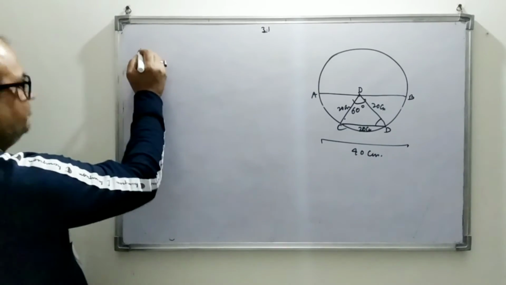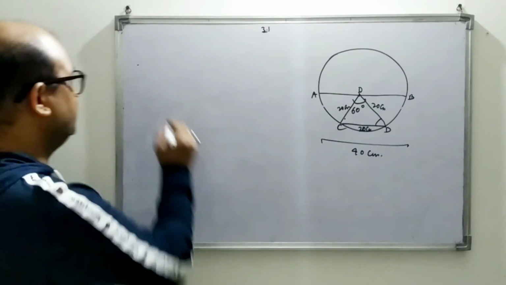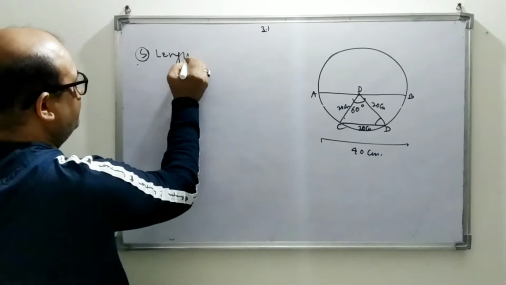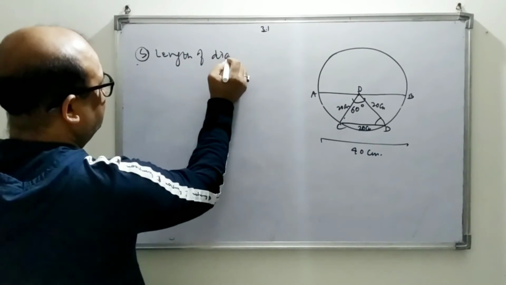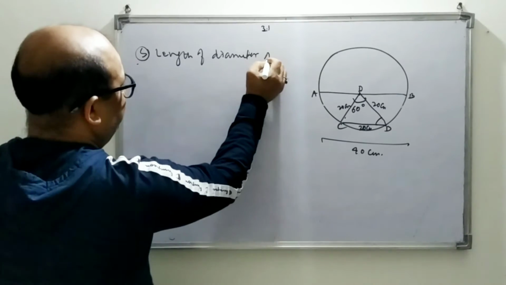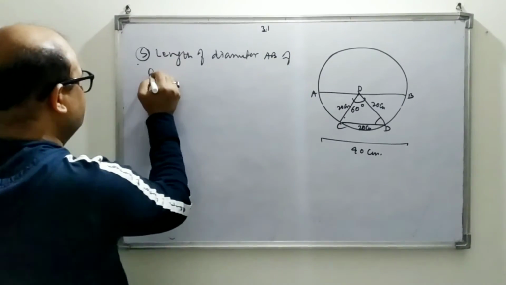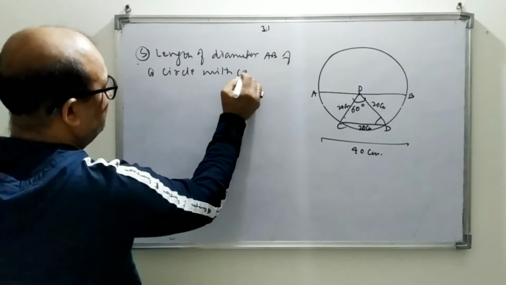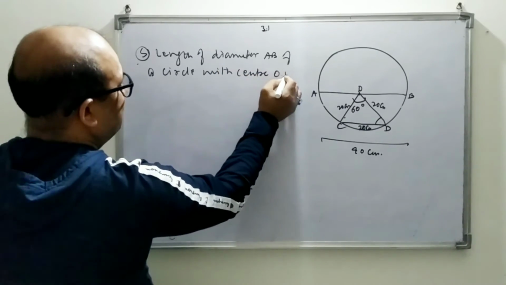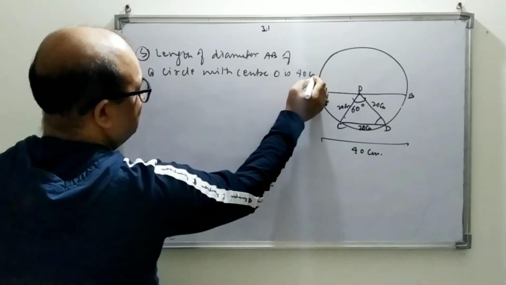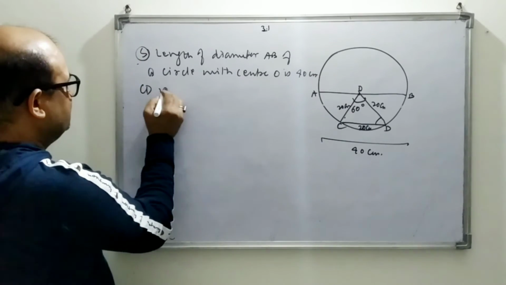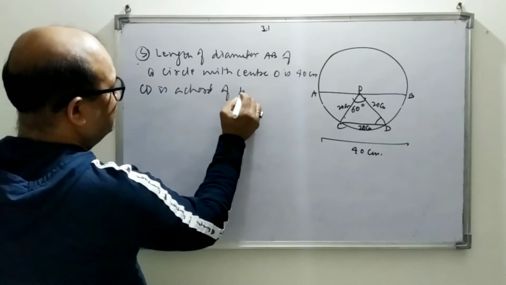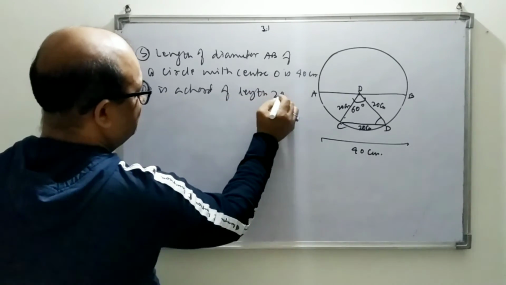Now see question number 5. Length of diameter AB of a circle with center O is 40 centimeter. CD is a chord of length 20 centimeter.